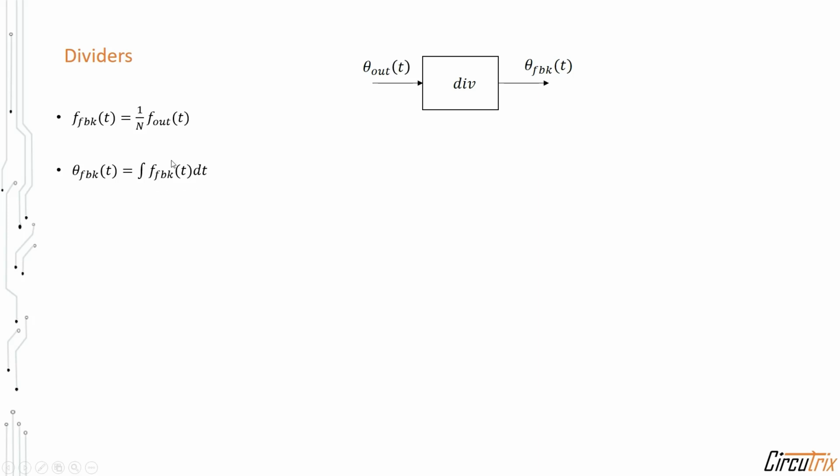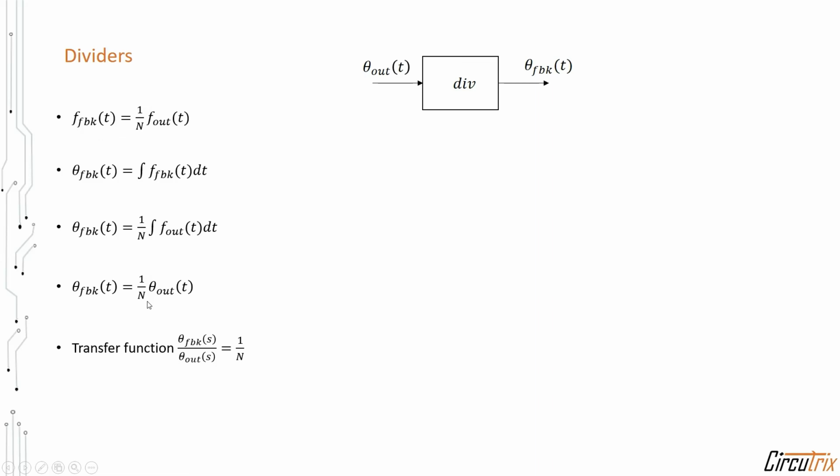Now replacing this term with this term, we get this expression. Since the integration of f out of t dt is theta out of t, we can replace that with this. By taking the Laplace transform, we get the transfer function of this divider. Since 1 by N is not changing over time, the Laplace transform also remains the same. So the transfer function of the divider is 1 by N.